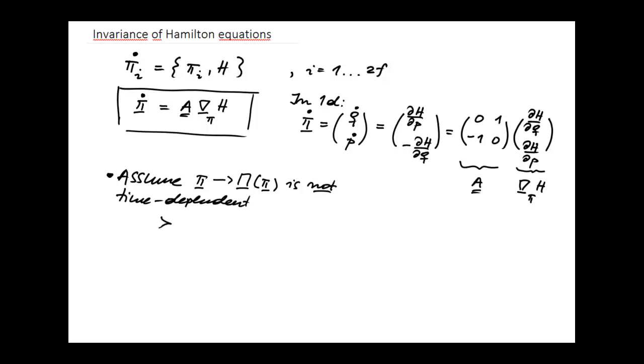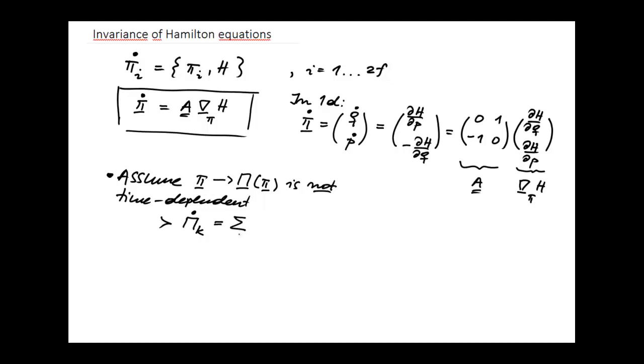This implies when we write the change in time of a new phase space coordinate capital Pi, then we can express that in terms of the time derivatives of the original coordinates, and the transformation is simply with the help of the Jacobian.